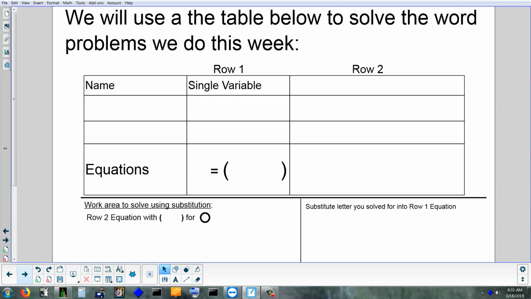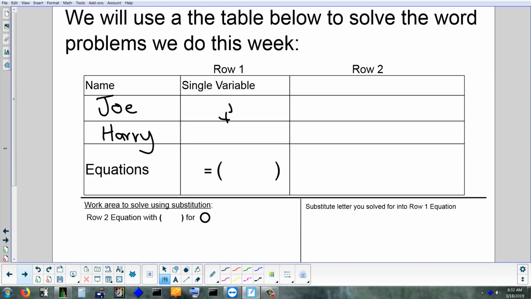You don't have to write this down, I'm just showing you. Joe and Harry. So usually in this first row, we're going to represent Joe as J and Harry as H. I'm just giving you an example, just showing you how it works.